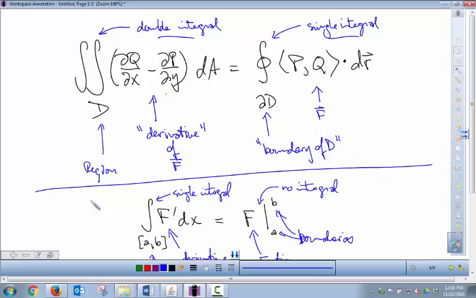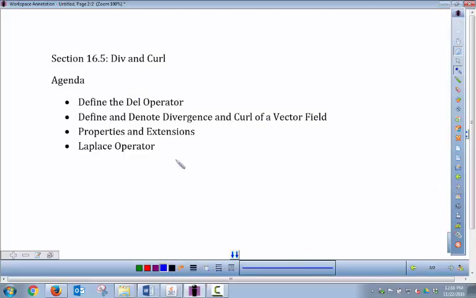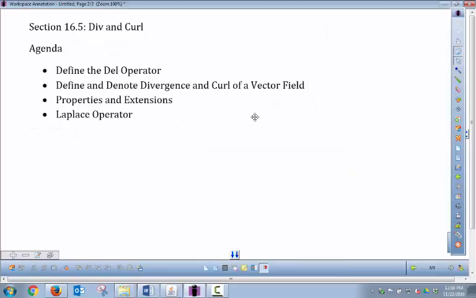So this is just a little wrap-up from last time when we talked about Green's theorem. Now we're going to talk about, in our new section, two new sections, the derivatives of these vector fields. So in this section, 16.5, I guess, we have this thing called the div and the curl.